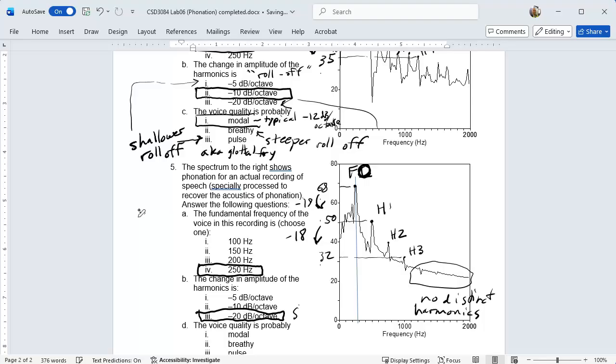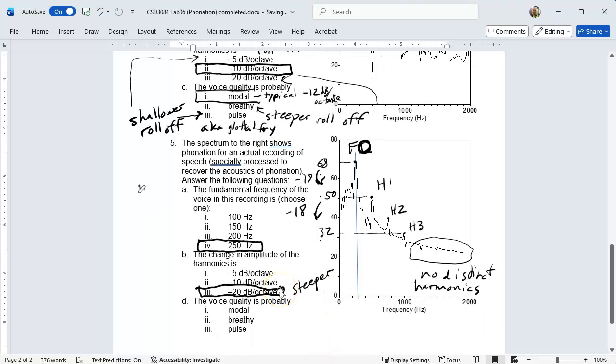And again, that's a steeper roll-off. And in terms of voice quality, we tend to get that steeper roll-off with a breathy voice. And if I swing back to the spectrum I have of this speech sound, again, no distinct harmonics above the noise, that breathiness that's in the voice.